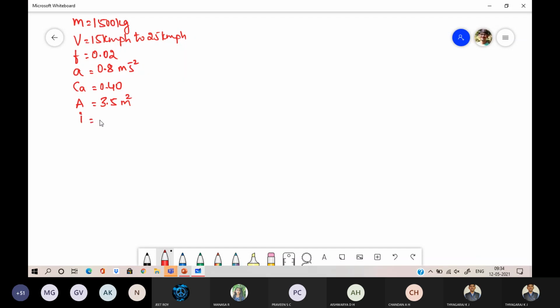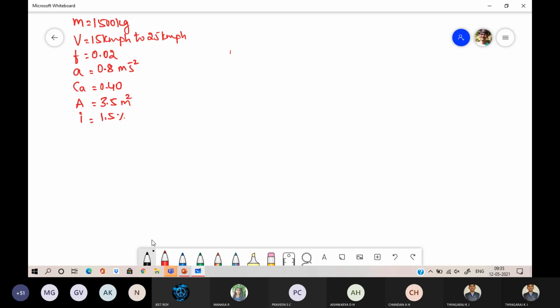Then the gradient, 1.5%. Okay, this is the data they have given.